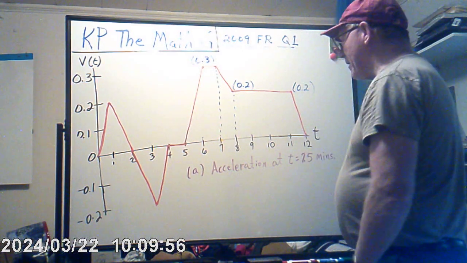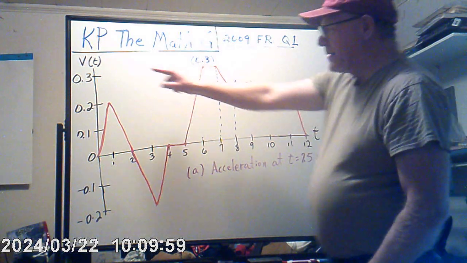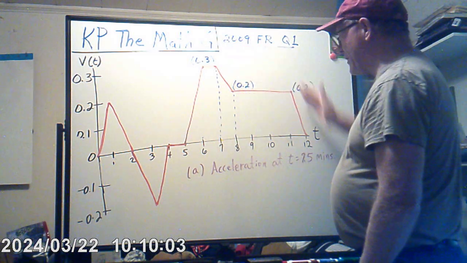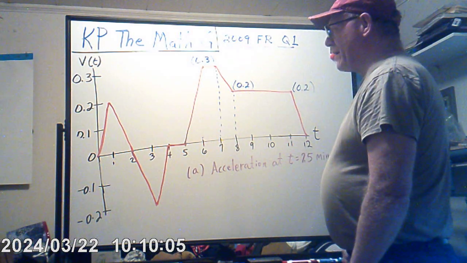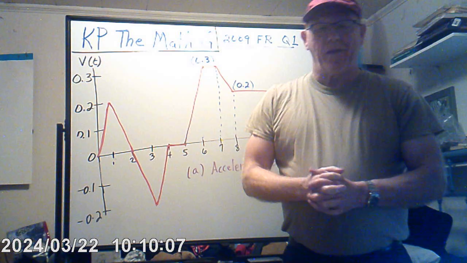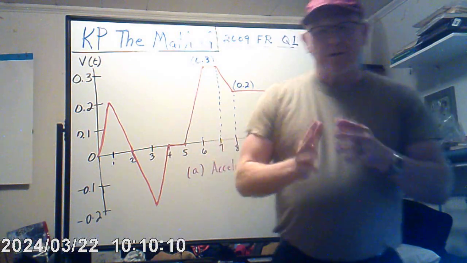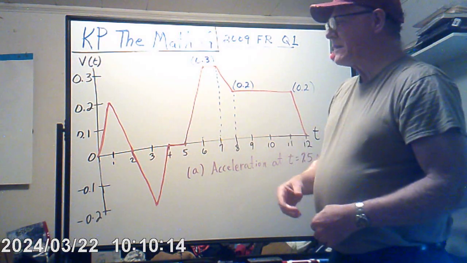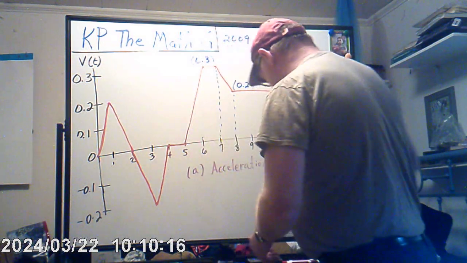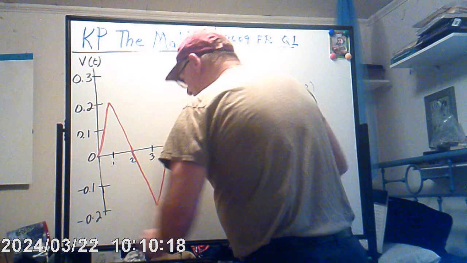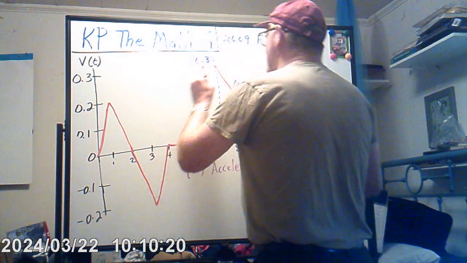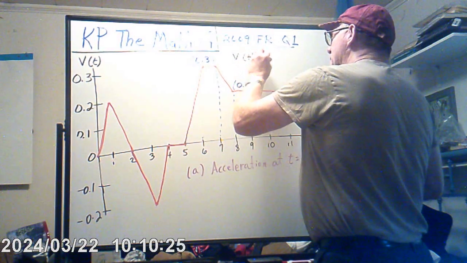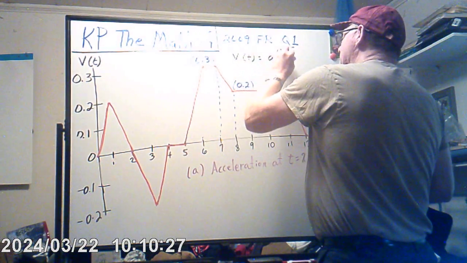7.5 minutes. All right, so acceleration. If this is the velocity piecewise function, how do we find acceleration? Think about what you're finding. We know that v prime of t is equal to a of t.